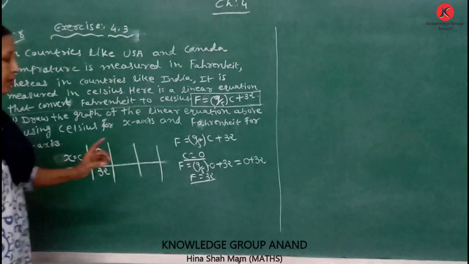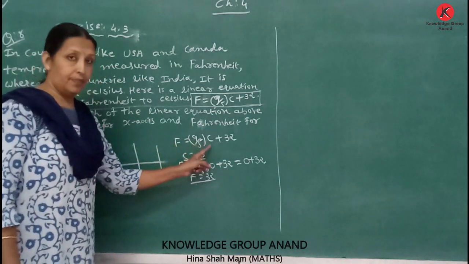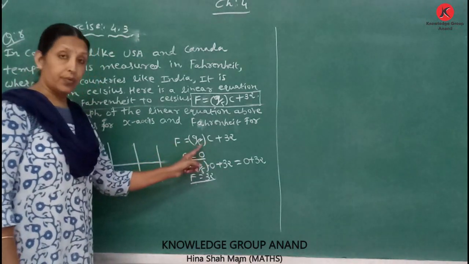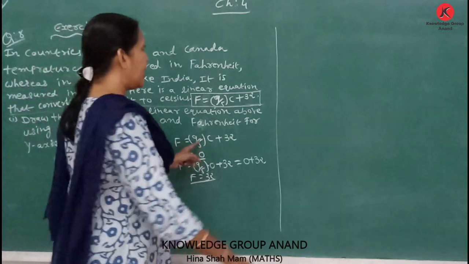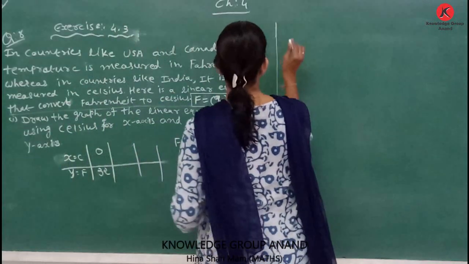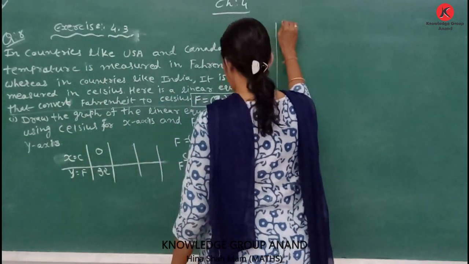Here we take value of C is equal to 5, because it is divisible, then we get no fraction.